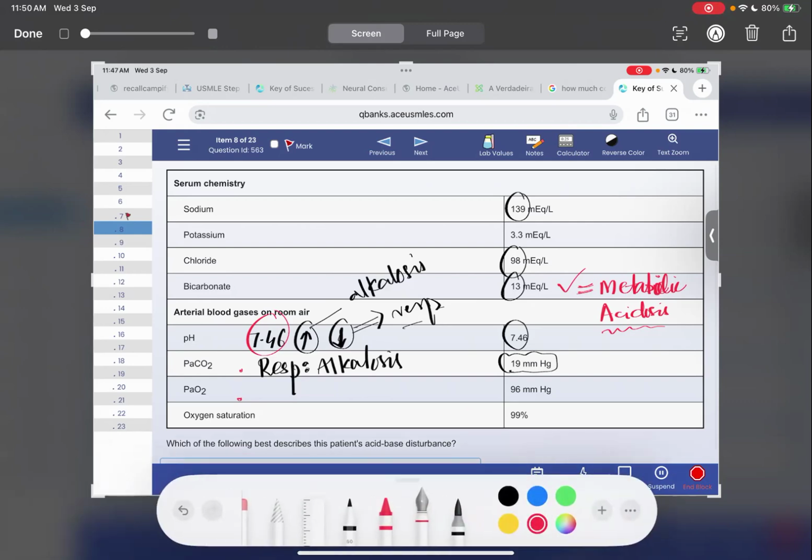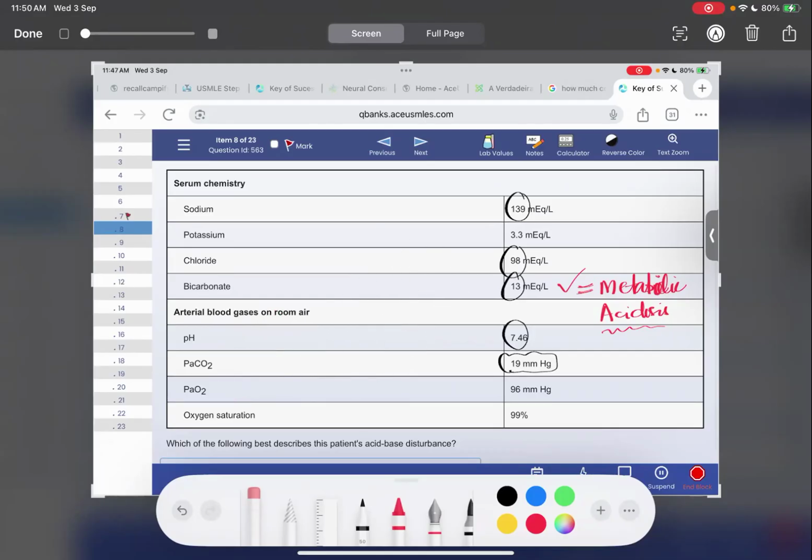You will understand this in a while. Does anyone have any question? Please turn off your mic.